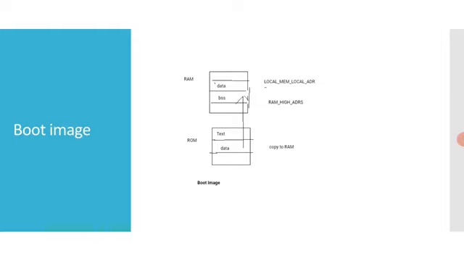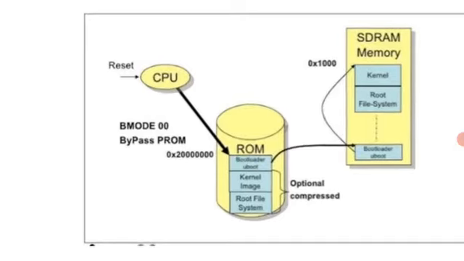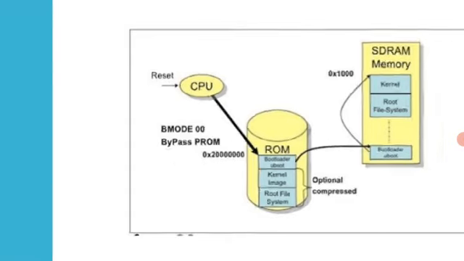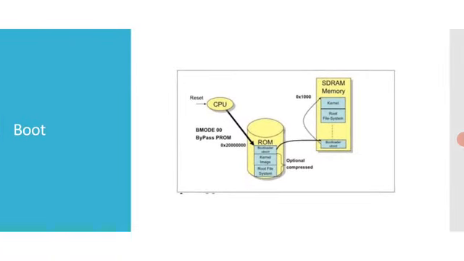Say for example, we have a U-Boot sequence. Just see the sequence. On the ROM, you have bootloader, U-Boot, kernel image, root file system. On CPU reset, 0x200 bypass. Then kernel, file system, and bootloader on the SDRAM.